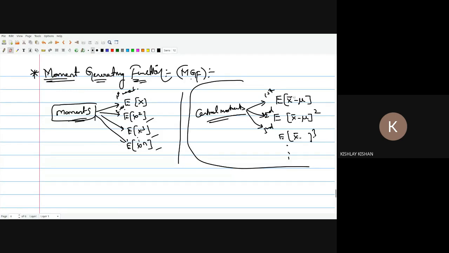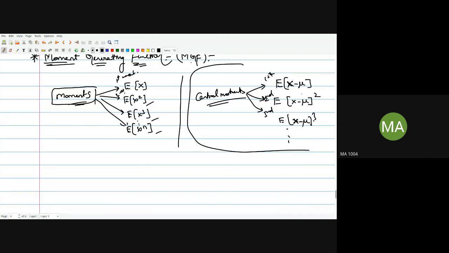Sorry, this is x minus mu, not x bar. So from there the mean is zero. Central moments are basically moments of your centralized random variable.